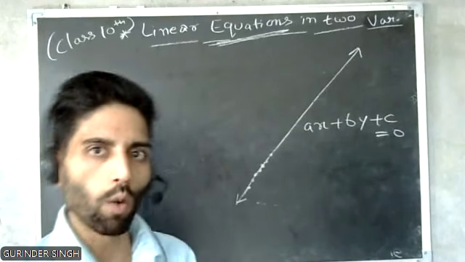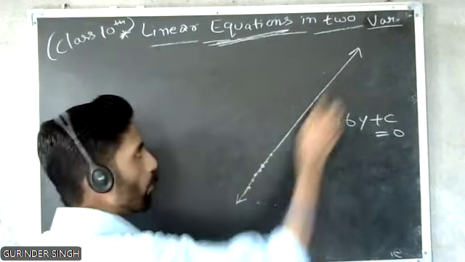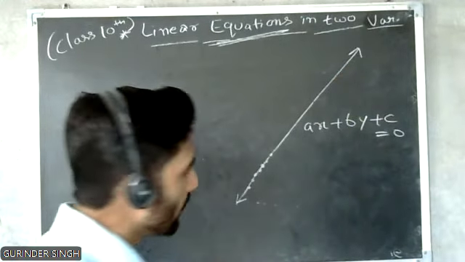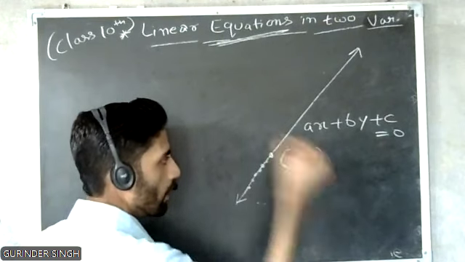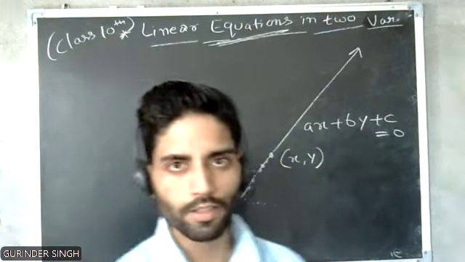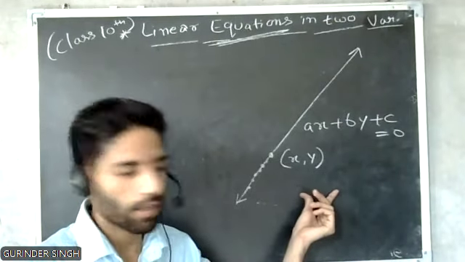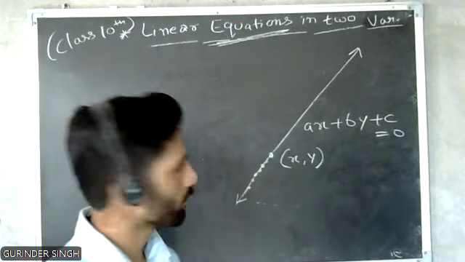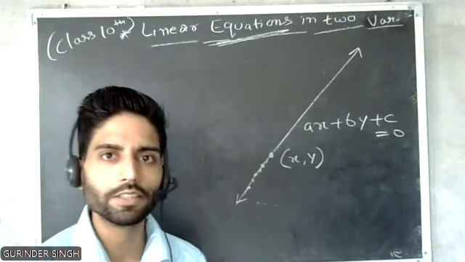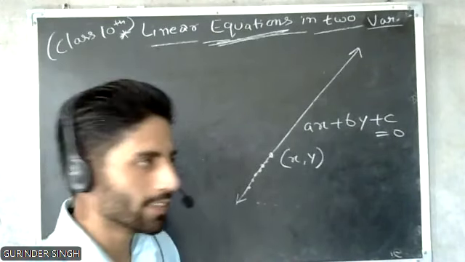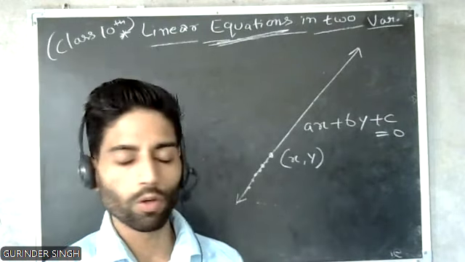And one thing you have to be very careful about: every point on this straight line is always in the form of an x comma y ordered pair, right? Now, if they ask me to check whether this point is lying on this line or not, what do we have to do?